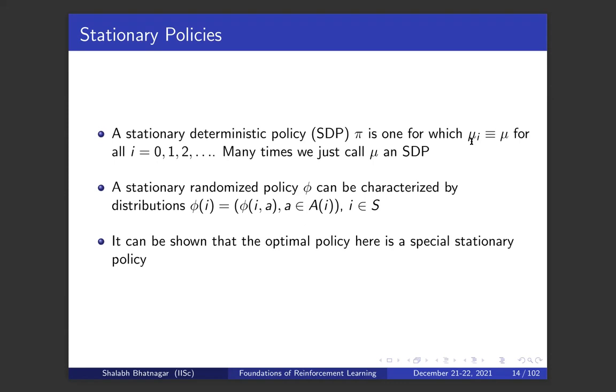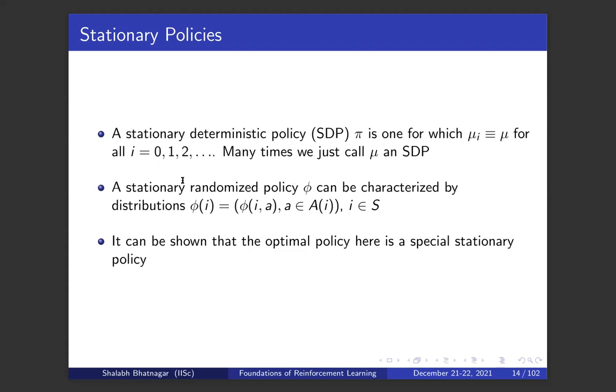So let's say this is the setting where pi is mu0, mu1, mu2, and so on until you terminate. Now it makes sense to think of stationary policies. By a stationary policy, I would mean that all of these functions mu I are the same as mu. You are not really changing the function from time to time. You're just playing according to a given function. And many times we'll call this mu function itself an SDP, or a stationary deterministic policy.